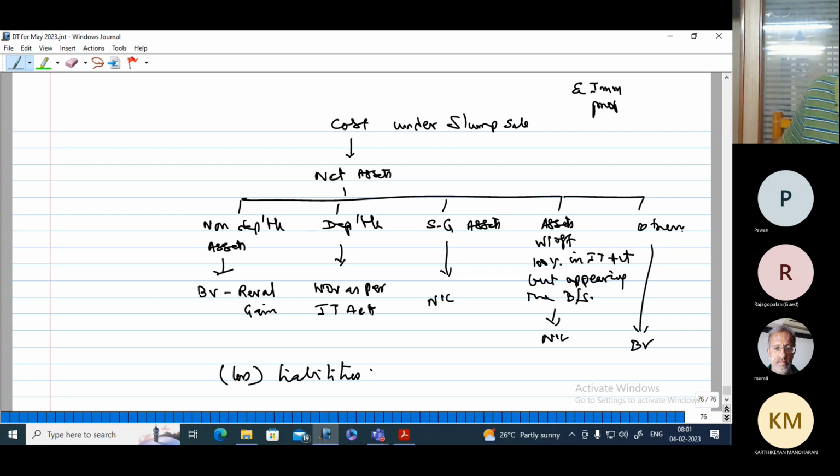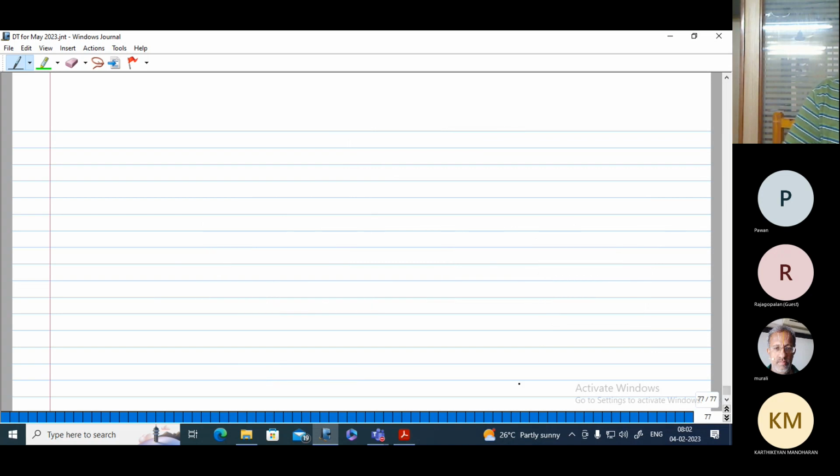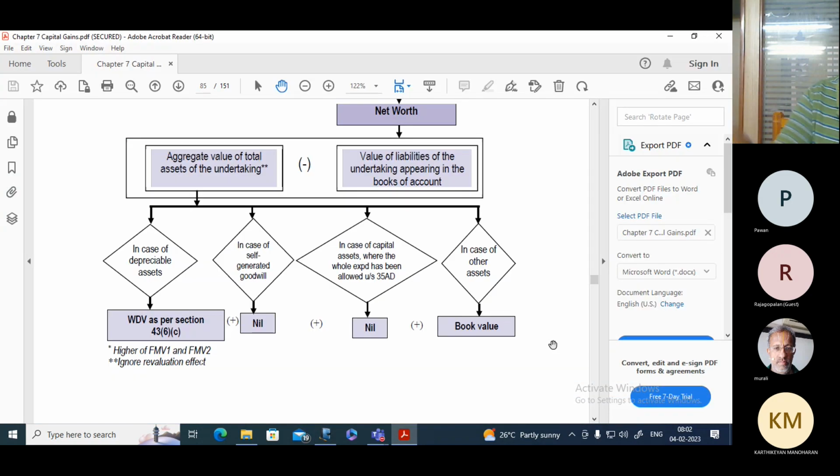We have certain places where more than 100% also they have allowed to deduct. Yes, exactly. You got the point right. There is investment based deductions. We used to have under 35D. Now slowly they are phasing out. That is a different issue. But those assets are coming up for sale, so I have to give a special treatment for them. I should not say those are phased out, so therefore forget. I cannot tell like that. Correct? Are you clear?